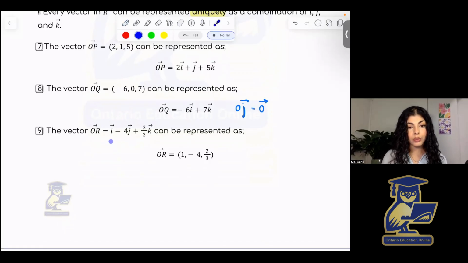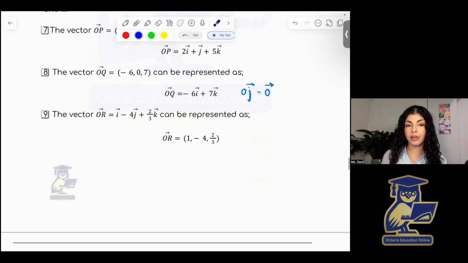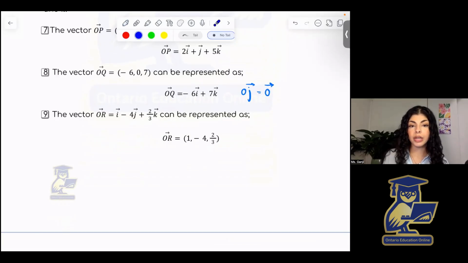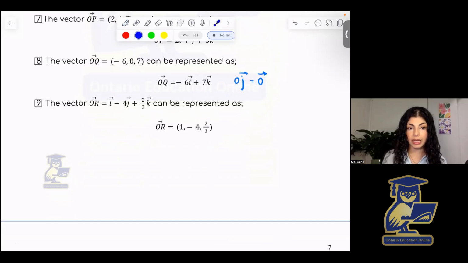And now, because a, b, and c are any real number, we can have any value here. Generally, I'm showing you a lot of friendly numbers, but you can have square roots, you can have pi, you can have rational numbers, any possible value of a, b, c, and it will still follow the same rule.